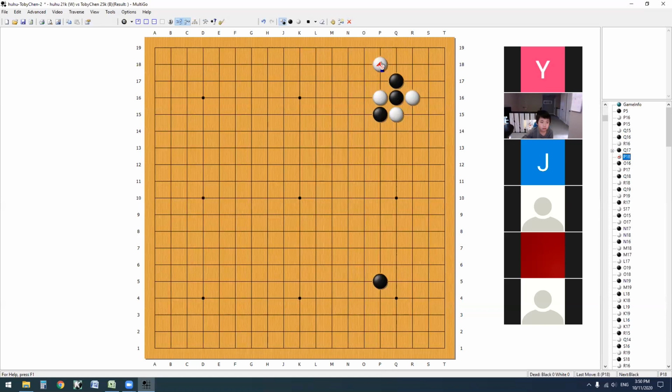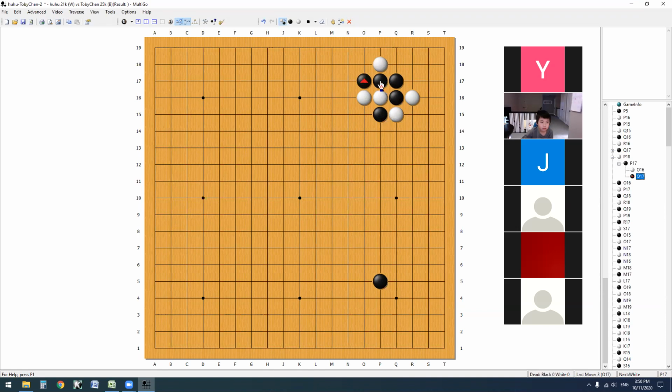Okay, but next, for Toby, if you see he goes there, what do you think you should do? I think obviously you should just go there, right? Not only do you atari this stone, but you separate all the stones. If it goes there, then you can just extend, and you already killed this one, and he cannot kill any of your stones.